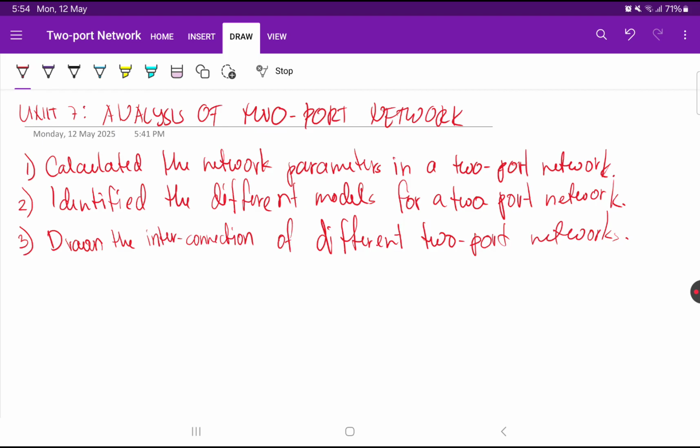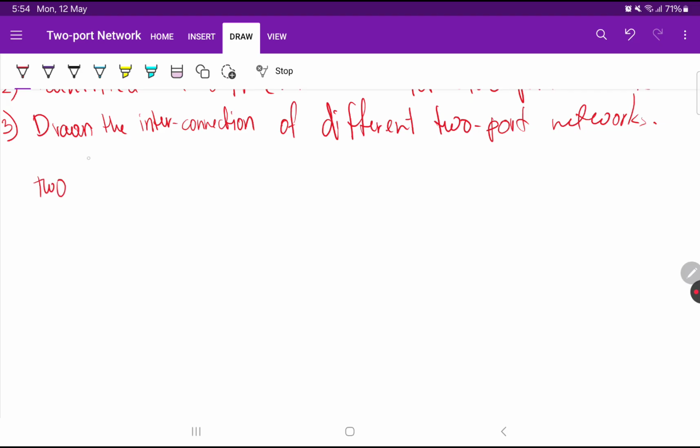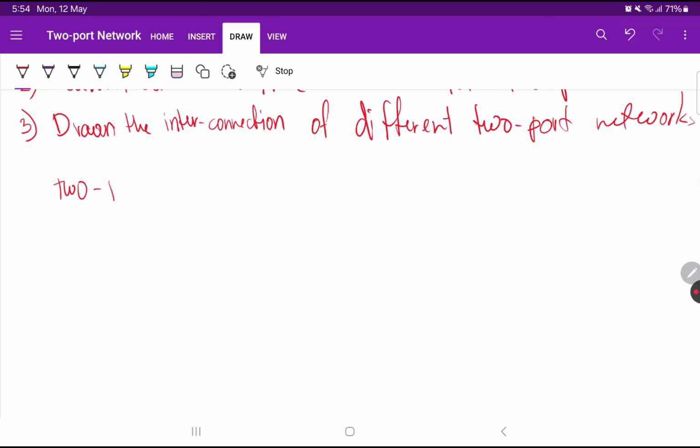So if we start with the definition of a two-port network, from its name, port means a pair of terminals.